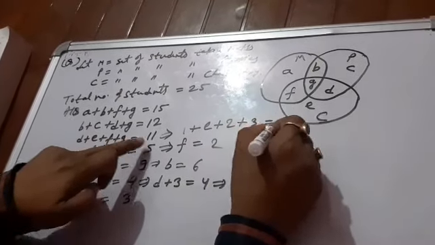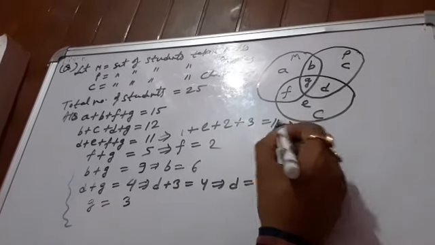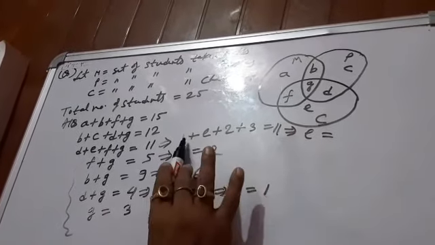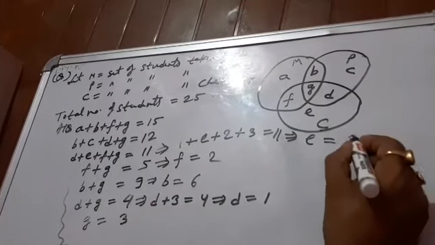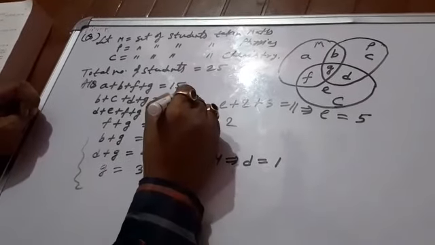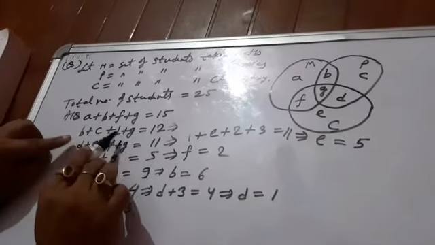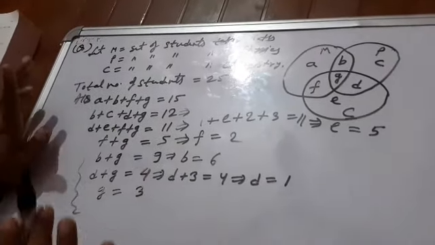And it is given to you 11. Very easily you can find here the value of E. 11 minus 6, the value of E is 5. Then come to the next portion here. Now let us see what values you got here. Put here and find out the rest of the values.